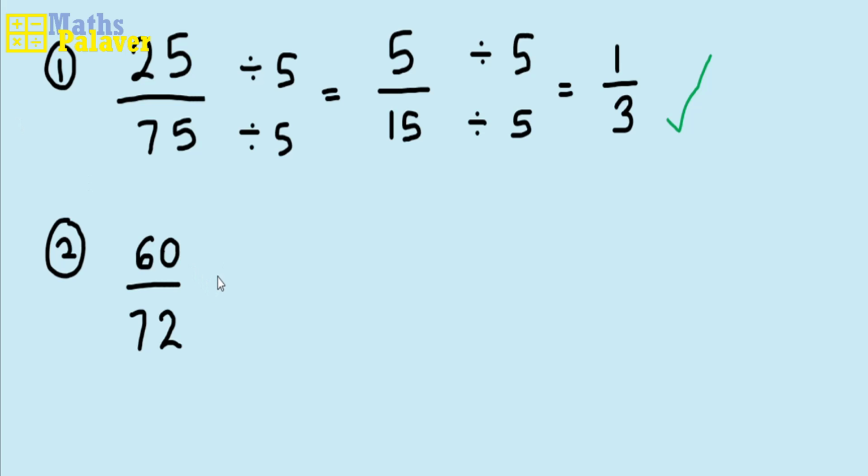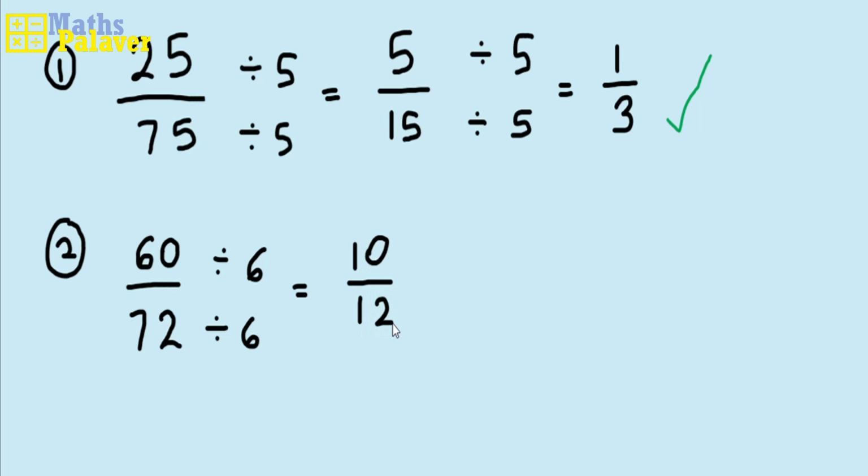For the second, I'm going to start with a bigger number this time. I can see that 6 is a common factor of 60 and 72, so I'll just start with that. 60 divided by 6 is 10, and 72 divided by 6 is 12.